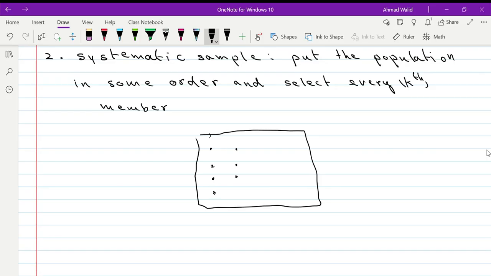What I'll do here in this type of sampling, if I want to go systematic, first I'll try to put you in an order somehow. Maybe make groups of columns of 4, like this. Make 5 groups first.